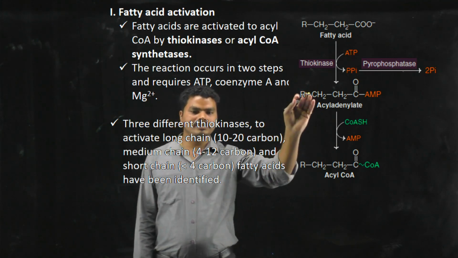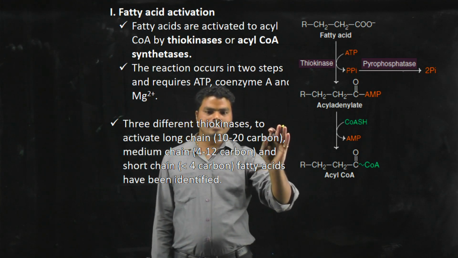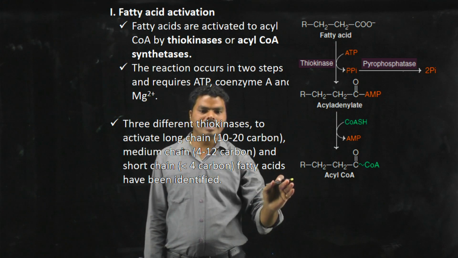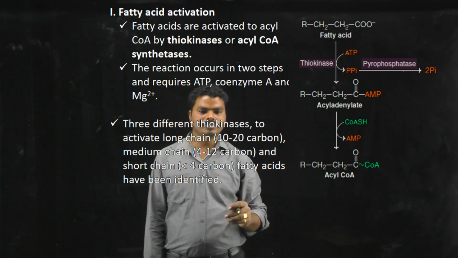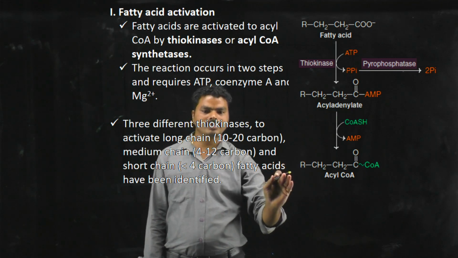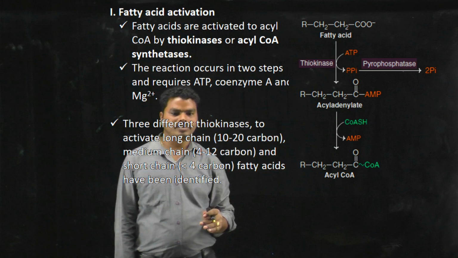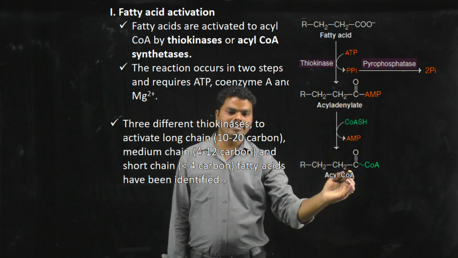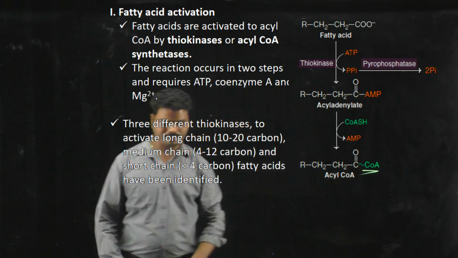After that, the acyl-adenylate is converted to acyl-CoA by the utilization of CoA. That means CoA is attached to the acyl-adenylate. Here we can see the AMP is removed, and in that place CoA is attached. Okay.